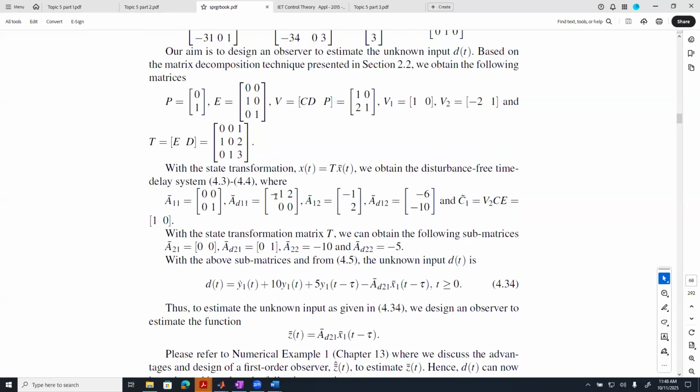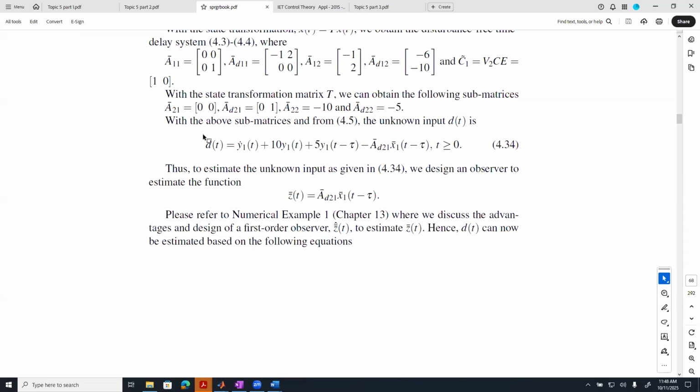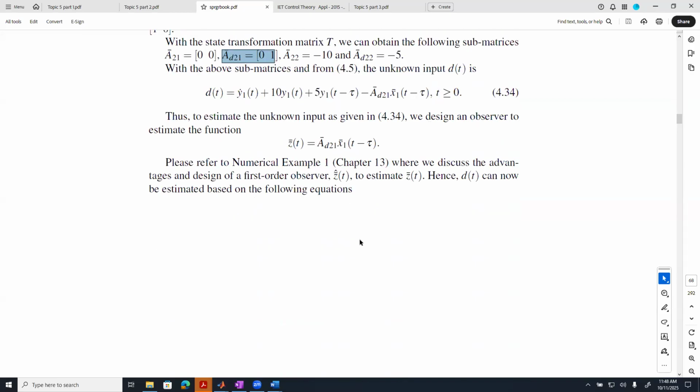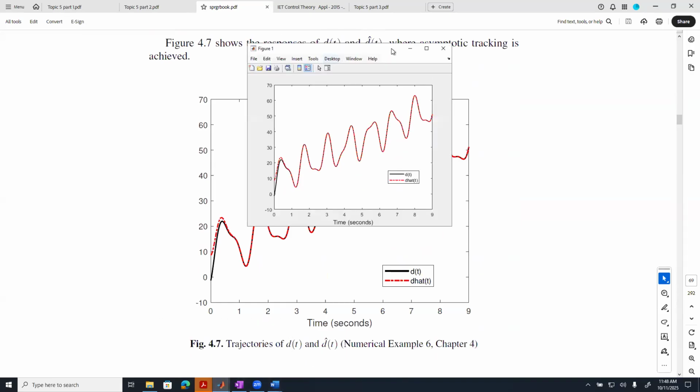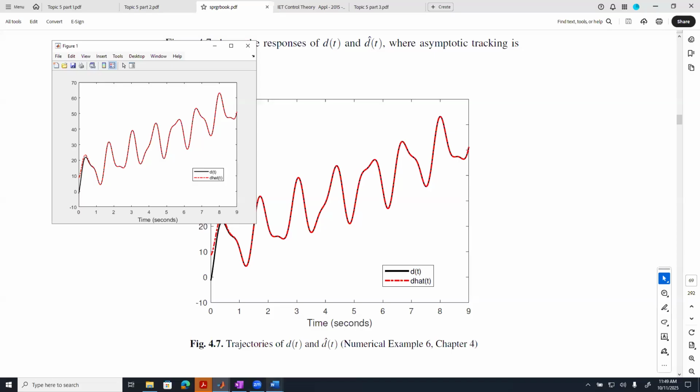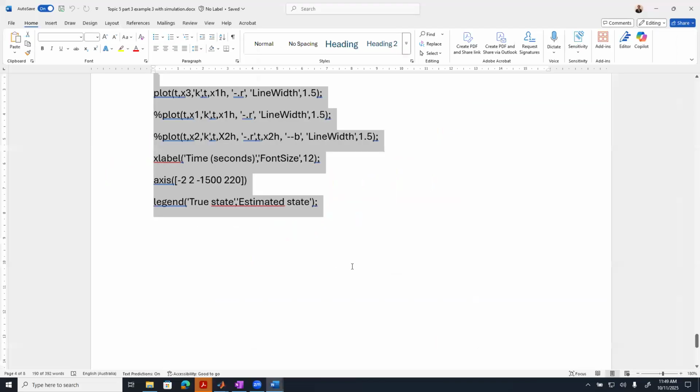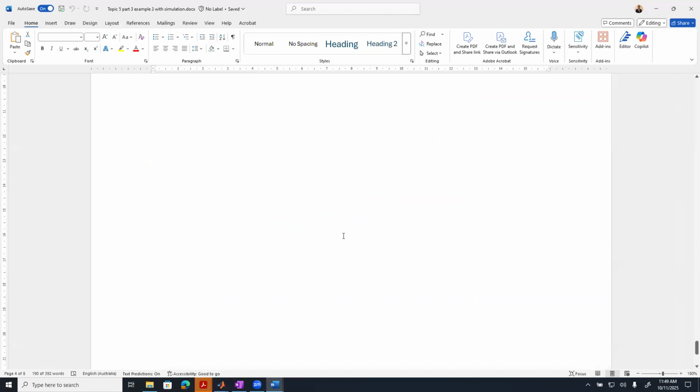We arrive at this unknown input decomposition, and we are required to estimate the unknown input by estimating this delay stack variable directly. And we could do that. And when we did the simulation, the observer is this one. Okay, observer is this bit here. As well as we also have the simulation.